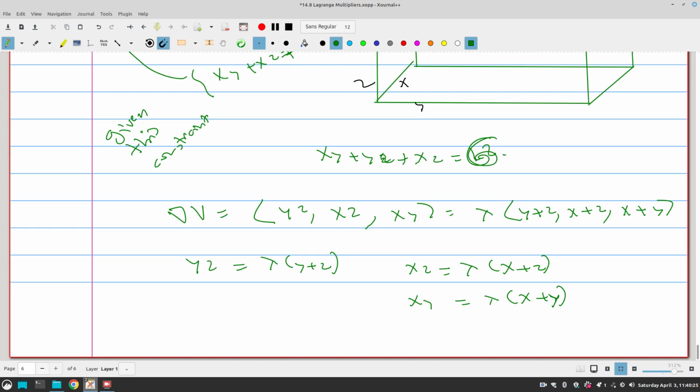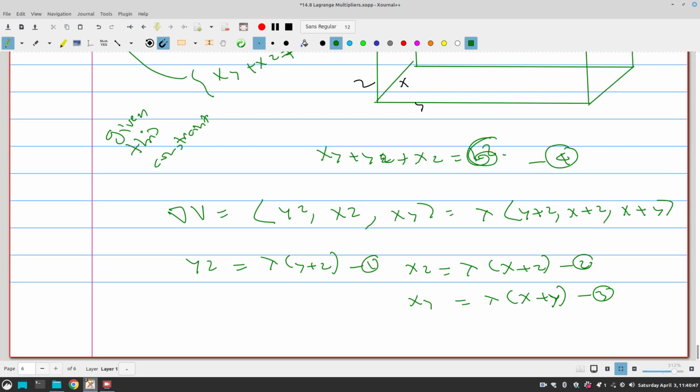This is equation 1, equation 2, equation 3, equation 4. Of course, there's no general method for solving these equations.